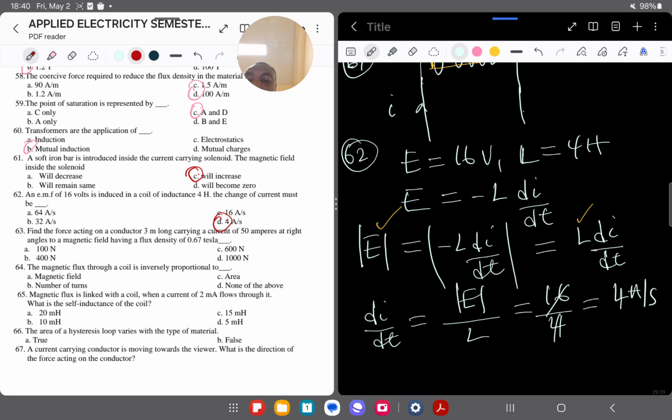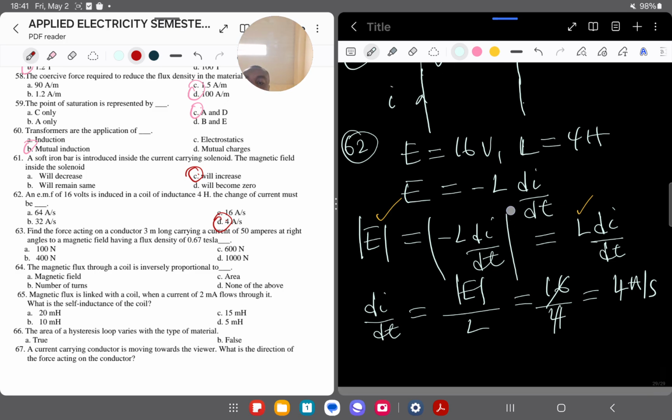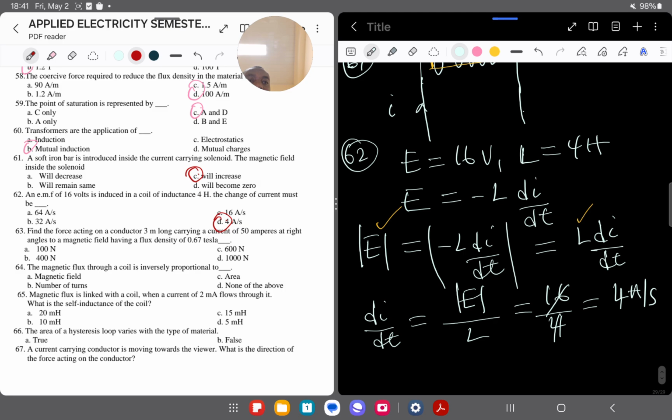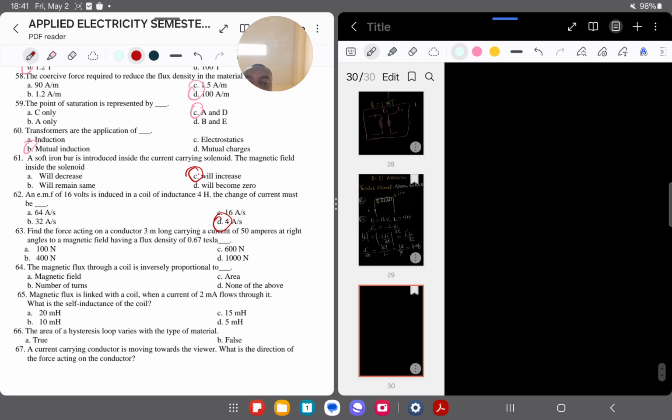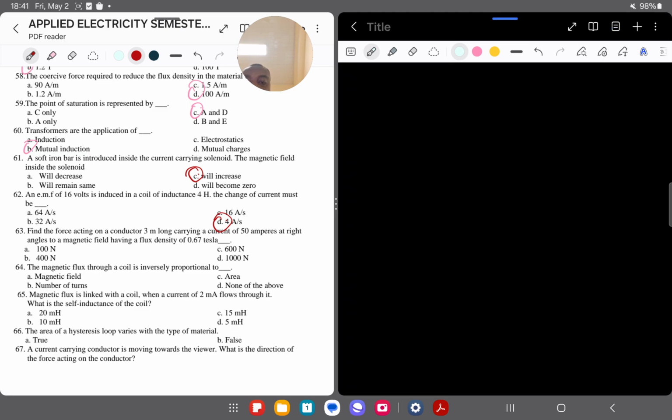So here we are to find the force acting on the conductor. The conductor is 3 meters long, the current passing through it is 50 amps, and the magnetic flux density is 0.67 Tesla.